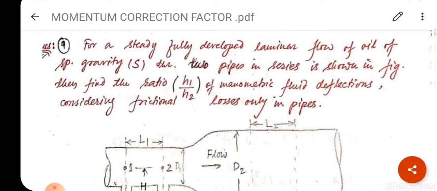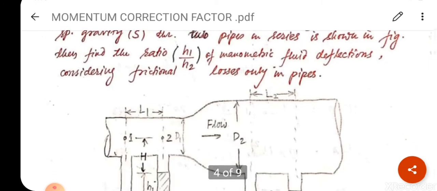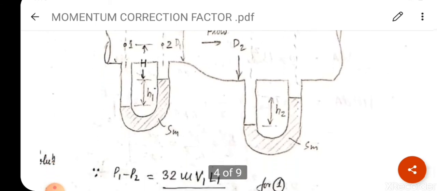There are two pipes which are connected in series. What will be the deflection in the first pipe, that is H1, and what will be the deflection in the second pipe, that is H2? That is, it is equipped with a manometer and you have to find H1 upon H2. So see the diagram here.